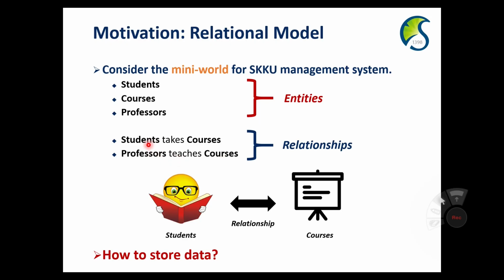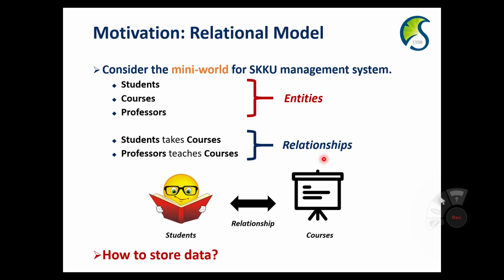Here, some students take some courses, and some professors teach courses. We also need to store this information. The relationship is some interactive information between two entities. So we store the entity information as well as relationship information in our database.